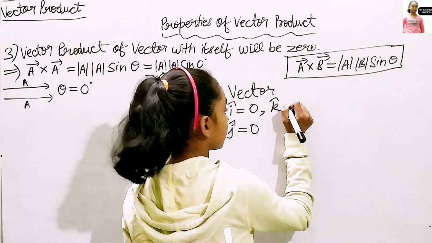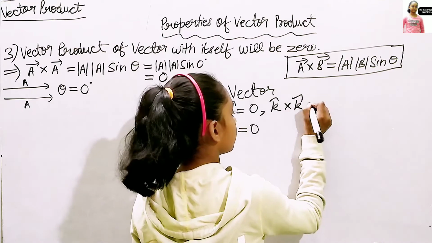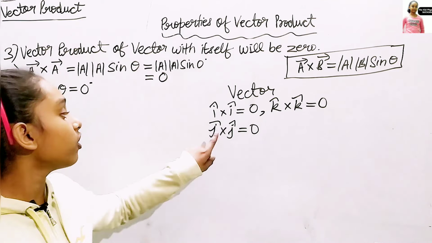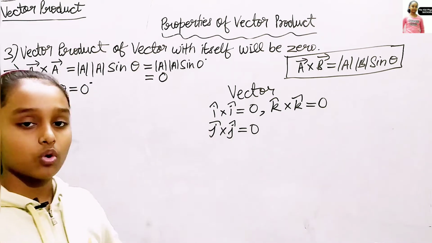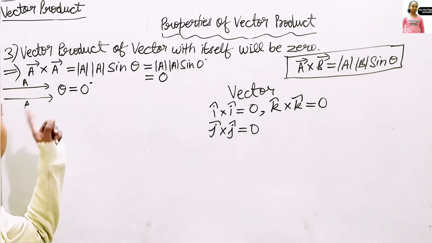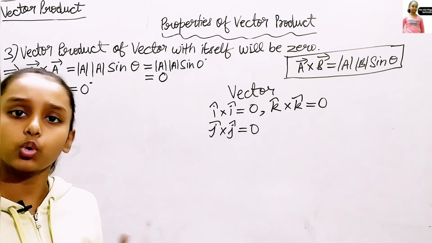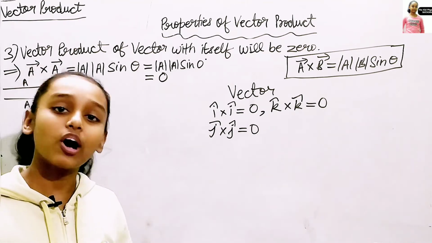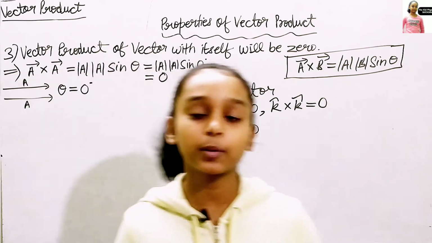And the cross product of k cap with k cap will also be 0. So this means that all three orthogonal unit vectors give the answer 0. So when we do the vector product of a vector with itself, it will always be 0. Don't forget. It will always be 0. Got it? I hope you all have understood all three properties of vector product.